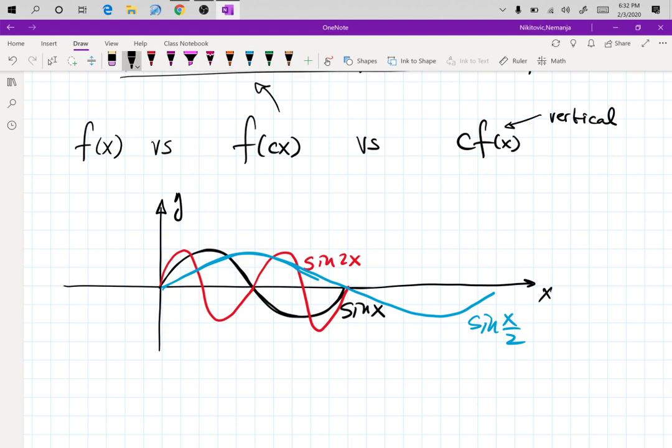Is it more than 1 or less than 1? If it's more than 1, then clearly you are stretching. Well, in this case, it looks like a compression, but it's twice as fast. And the numbers less than 1 make everything slower, so it looks more stretched.